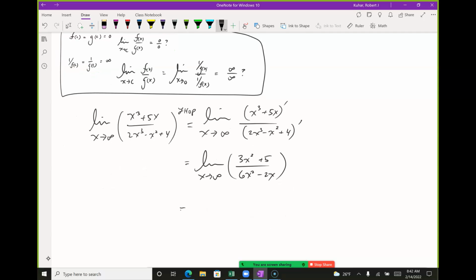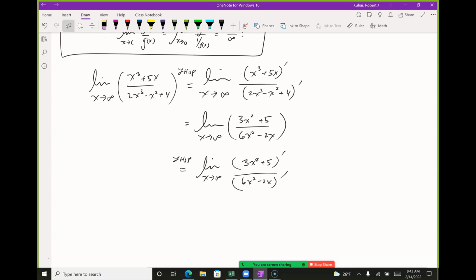So I'm going to take another hop here, right? I'm going to do the limit as x goes to infinity of the derivative of 3x squared plus 5 over the derivative of 6x squared minus 2x. Derivative of the numerator, derivative of the denominator. Obviously, on this test, when you do L'Hopital's rule, you're taking shortcuts.